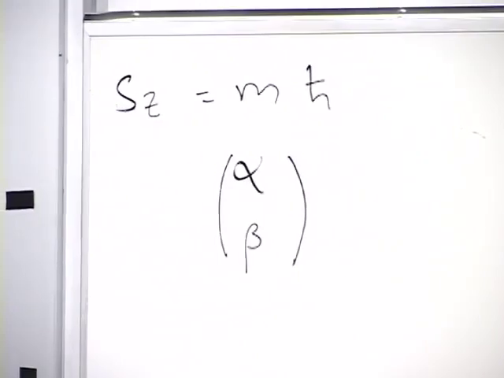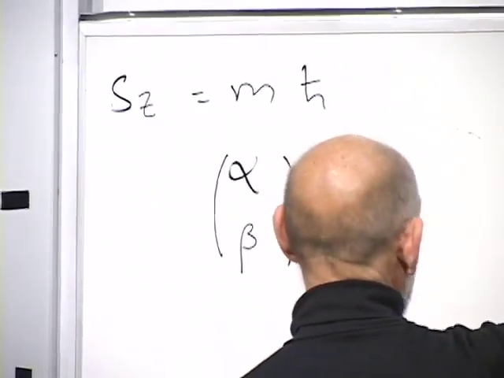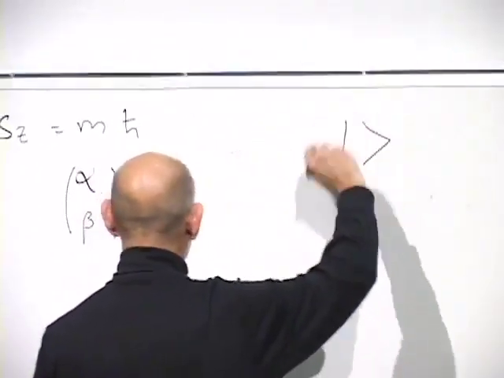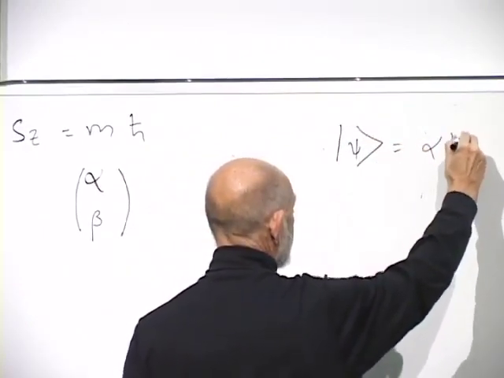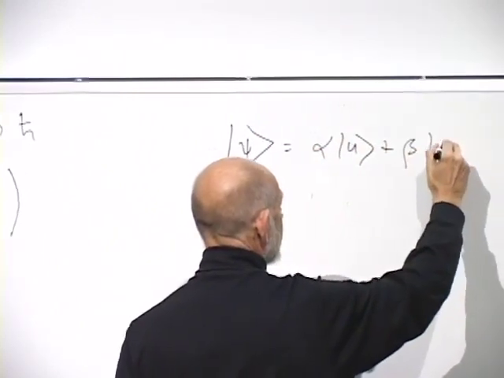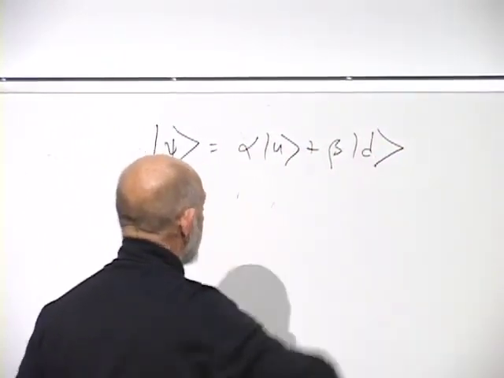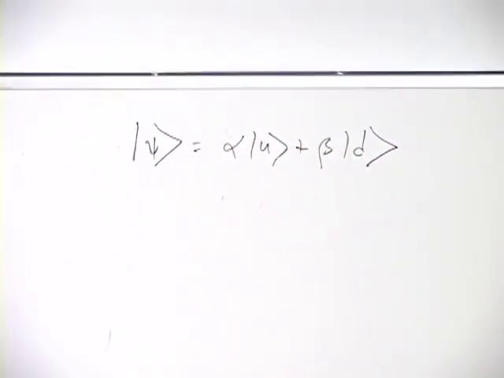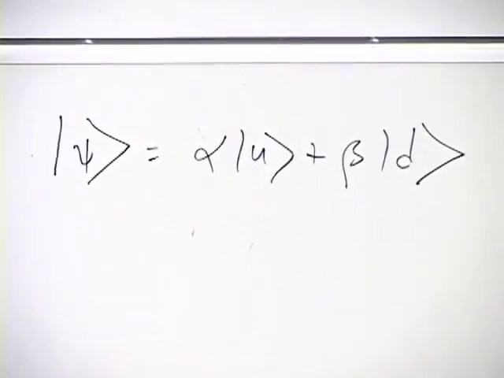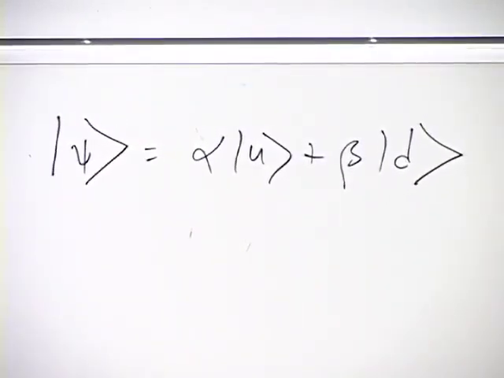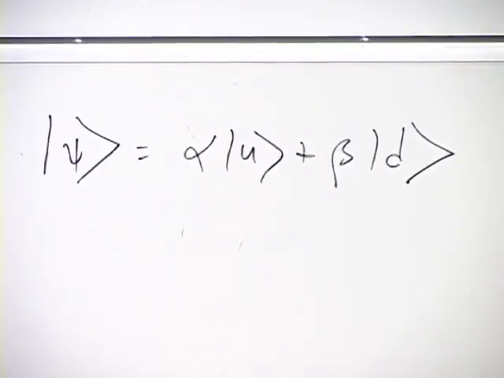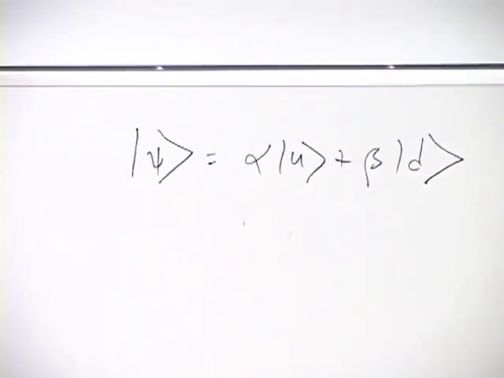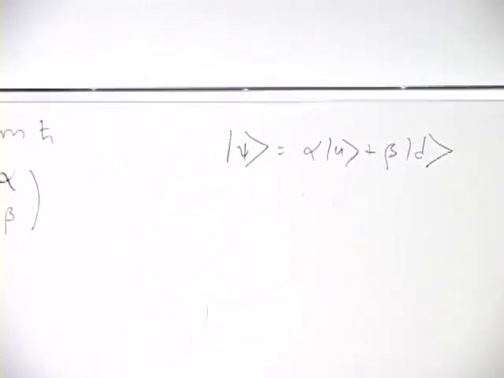So you can always write the state of the system, the ket vector psi, as alpha up plus beta down along the z-axis. You can symbolically represent it by constructing a little column vector with an alpha there and a beta there. Alpha star alpha is the probability that the electron is up. Beta star beta is the probability that it's down, and that's it.